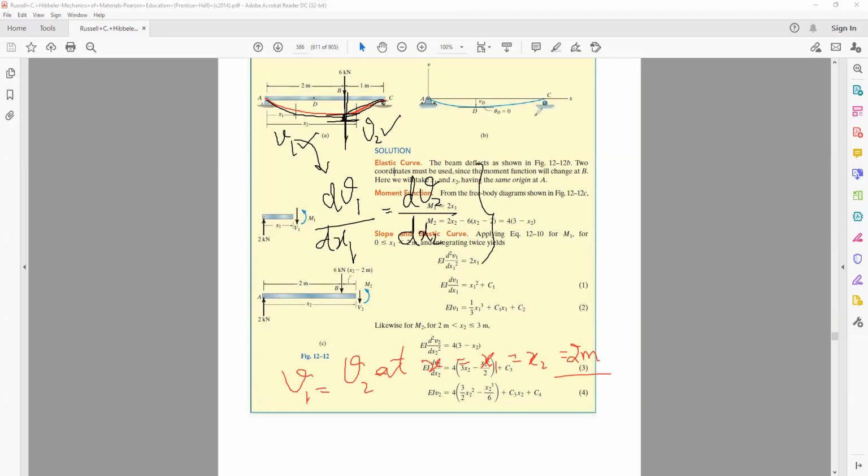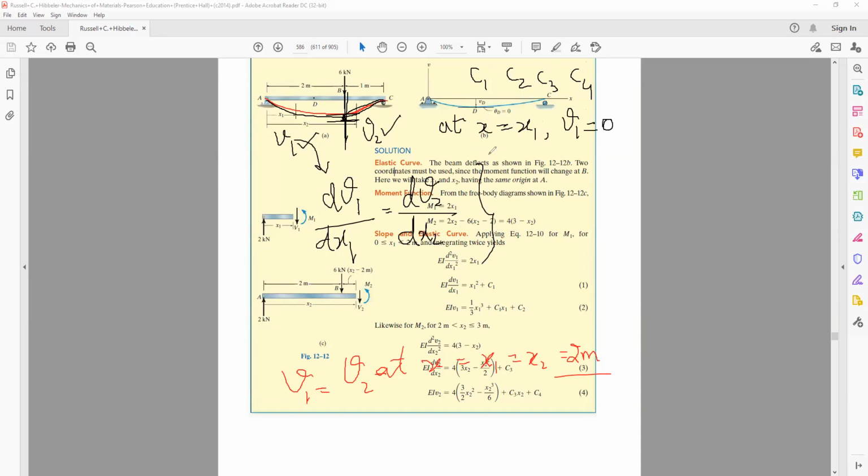We now have the four conditions. We have constants C1, C2, C3, C4, and in order to find the values of the four constants, we made use of four conditions. The first condition was at x is equal to x1 equal to 0, the value of our deflection nu1 is equal to 0.